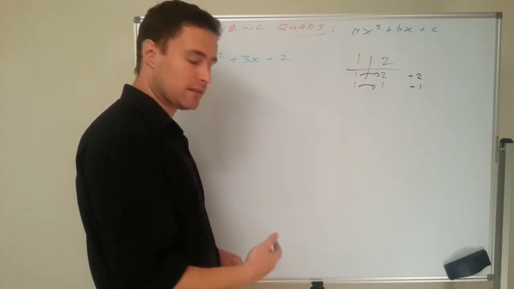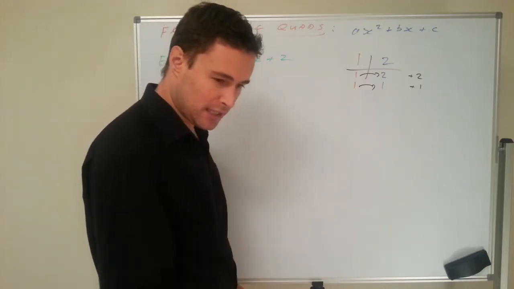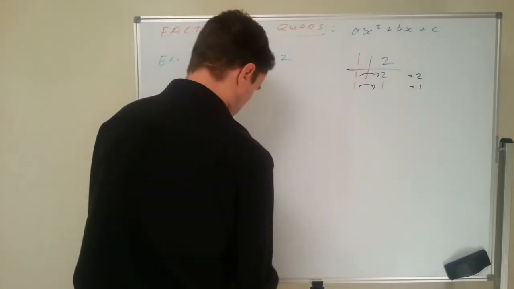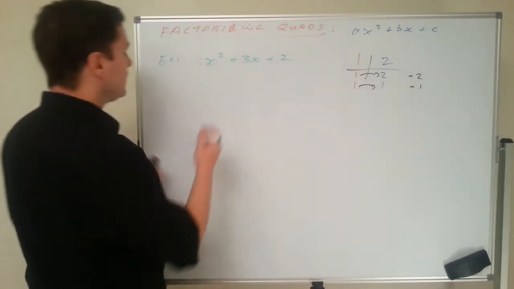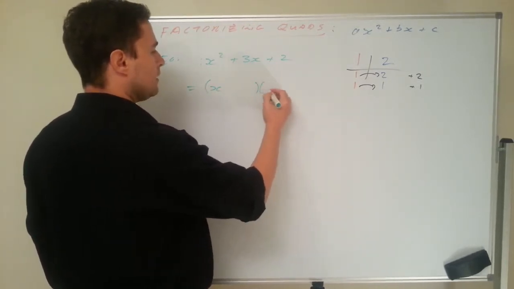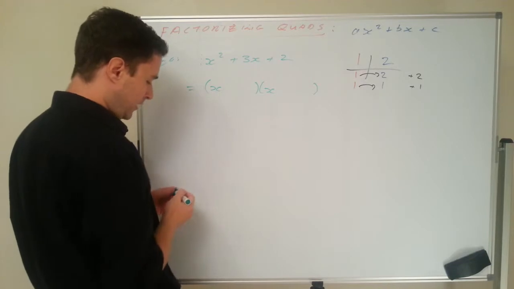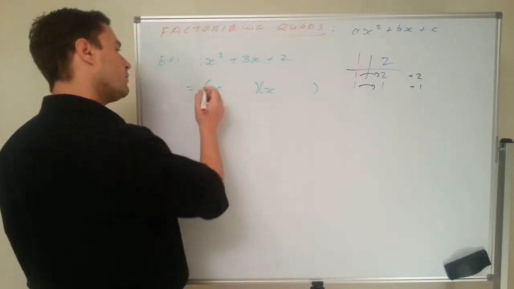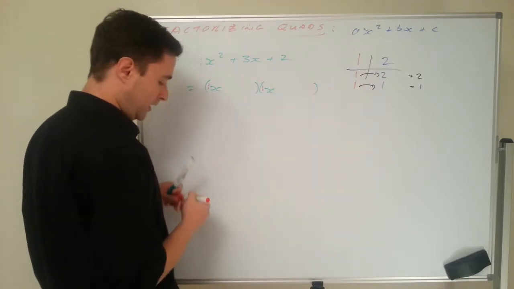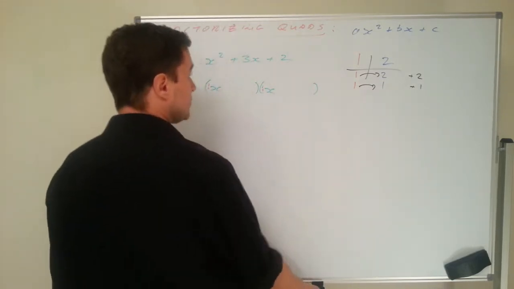Listen to how I'm saying it. I think that the way that I say it helps a lot to understand what you're actually doing. Okay, so let's take a look at this. What are my factors of x? x and x. They always break up. If you want to write them in there, you're welcome to until you get comfortable. This is invisible 1x and invisible 1x. Now, what are my factors of c?